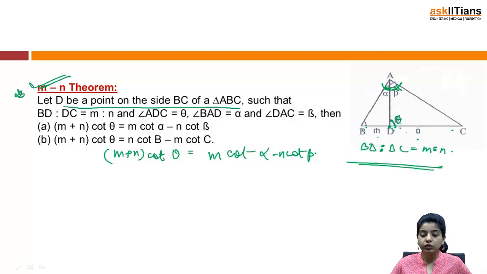This ratio plus this ratio, that is (m plus n) cot of this angle, would be equal to this cot of this angle minus this cot of this angle, or (m plus n) cot theta would be equal to n cot B minus m cot C.